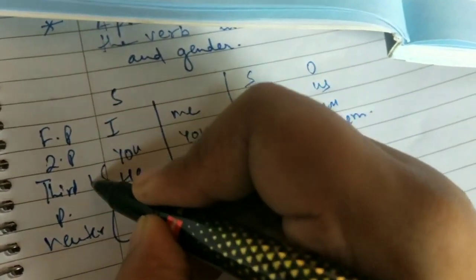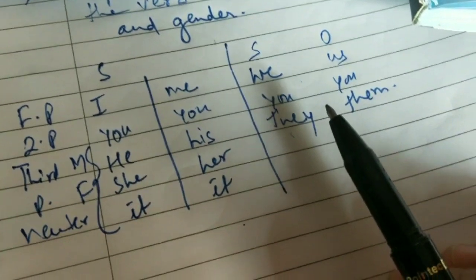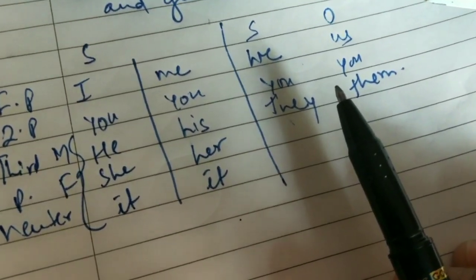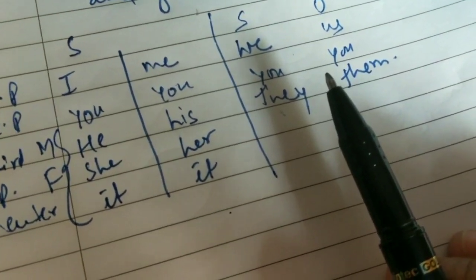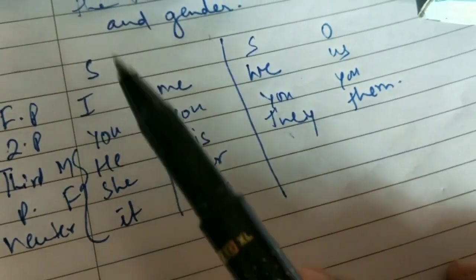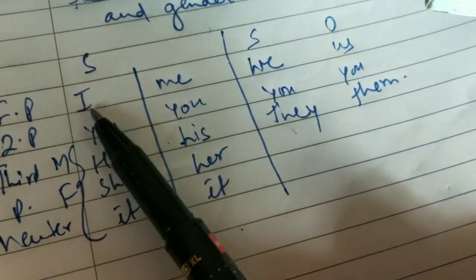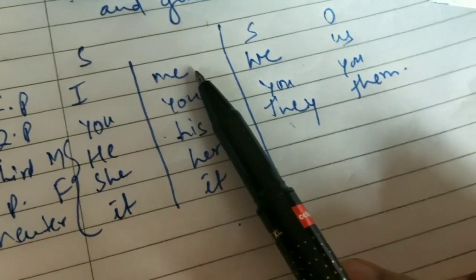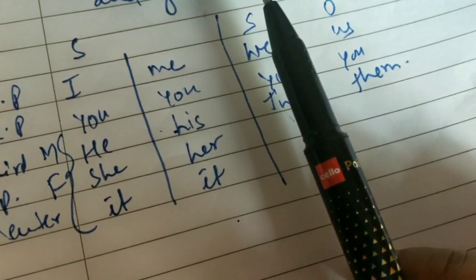Okay, he is used for male, she is used for female. I hope you have understood this much. Okay, so here I is subjective, used as a subject. Me is objective, used as an objective pronoun.